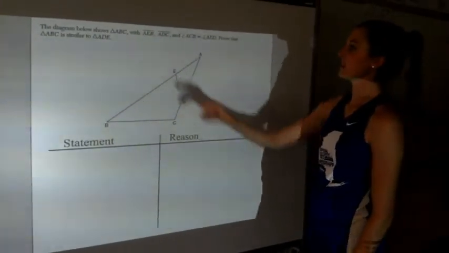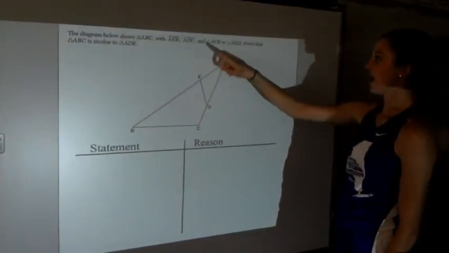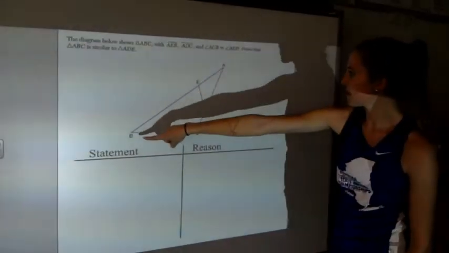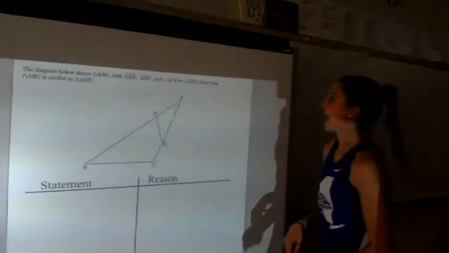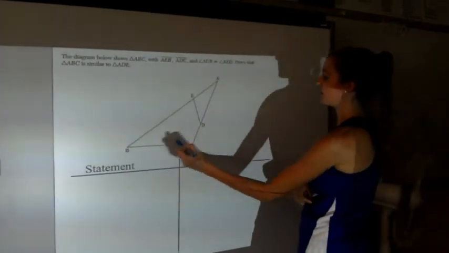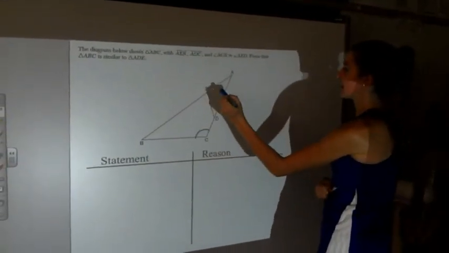So the given is, the diagram below shows angle ABC with AEB, ADC, and angle ACB congruent to angle AED.